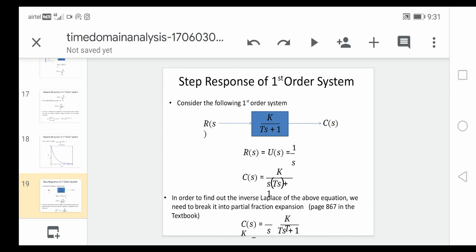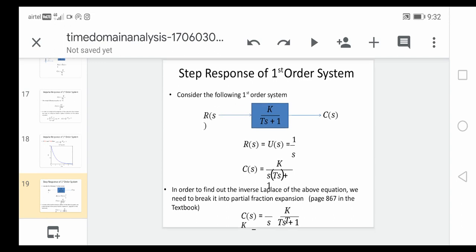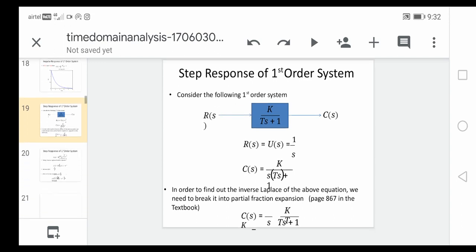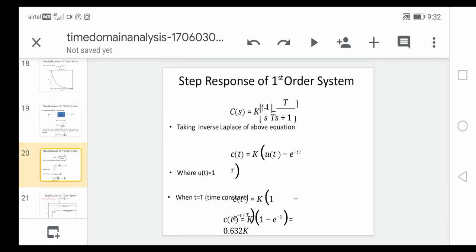In the place of R of s you need to substitute 1 by s, and you simplify that. Then you compute it.